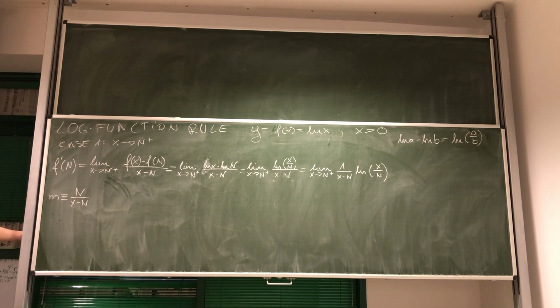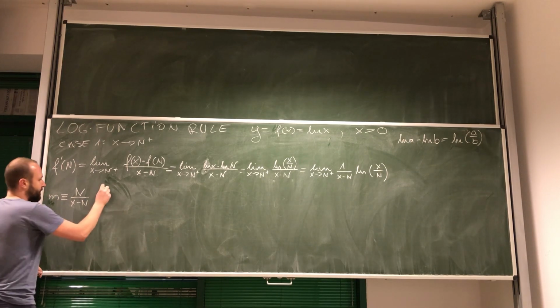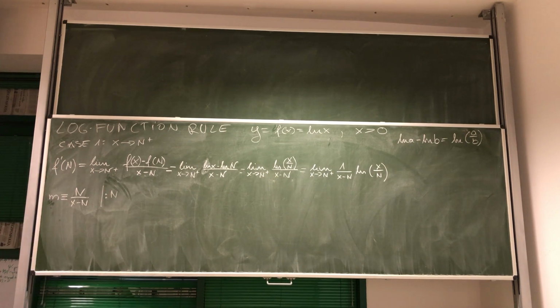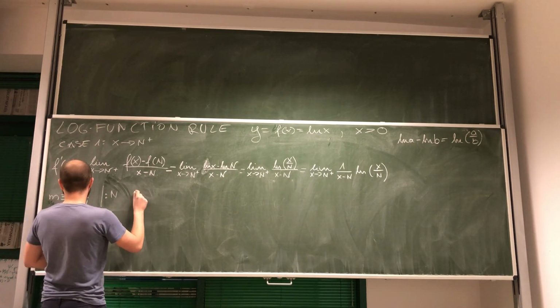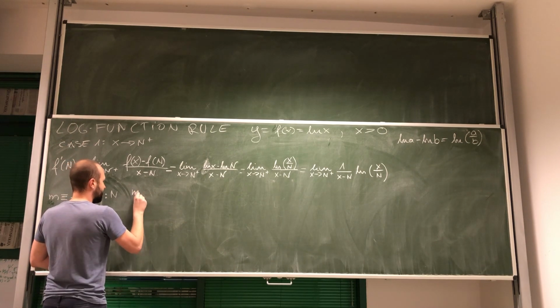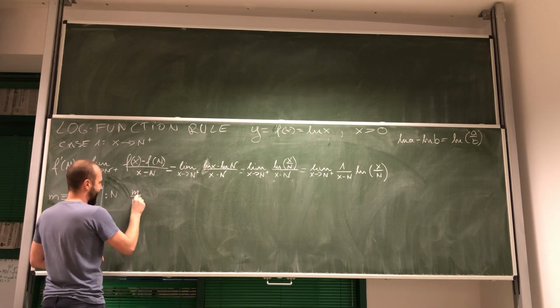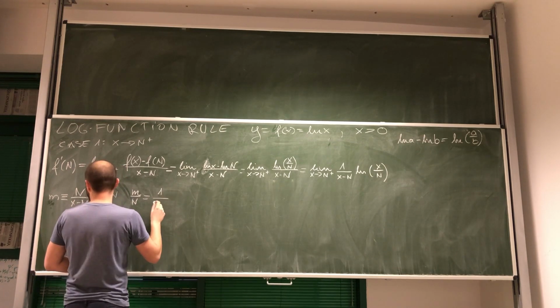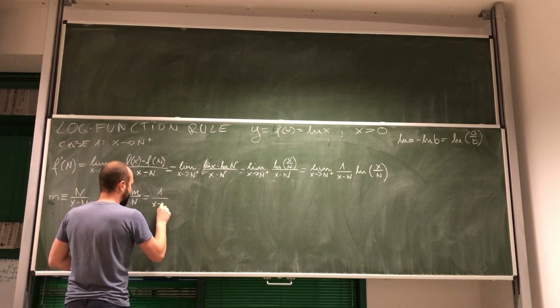Okay, look, if this is true, then if I divide both sides of this equation by n, I'm going to get that m divided by n is equal to 1 over x minus n.